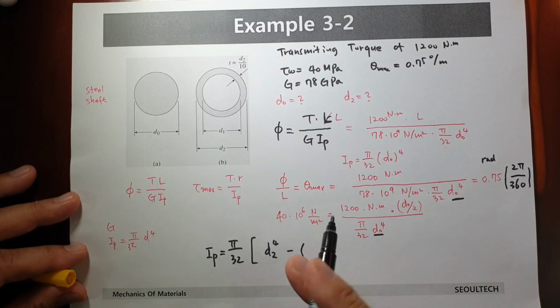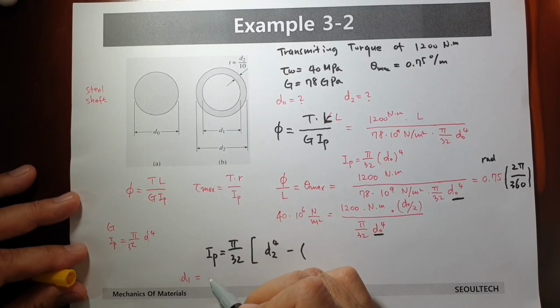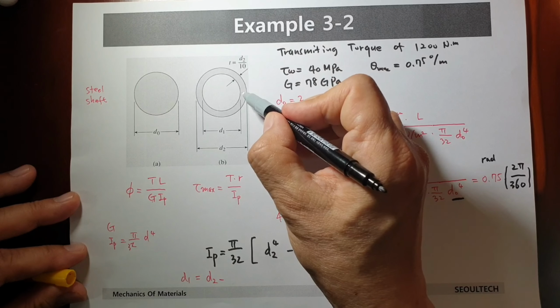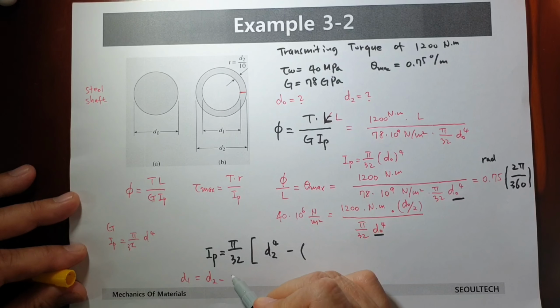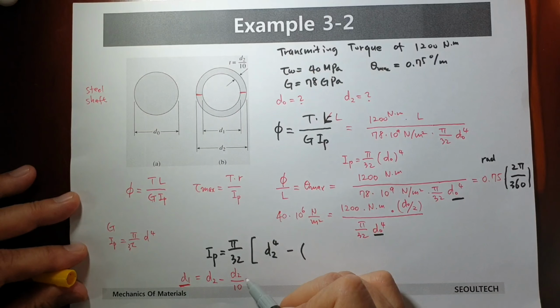Of course D1 is what? D2 minus this thickness, D2 over 10. And when you calculate the D1 value, this is multiplied by 2.